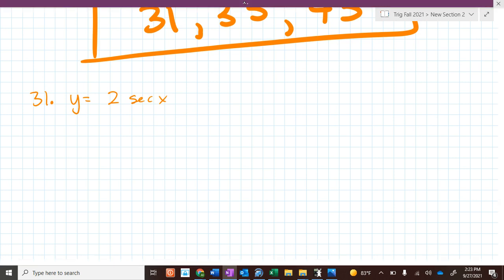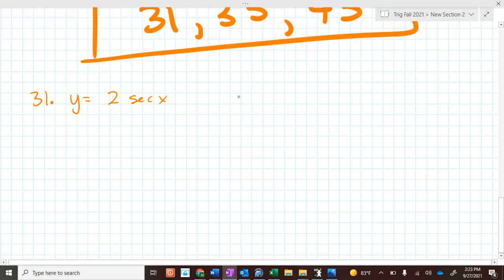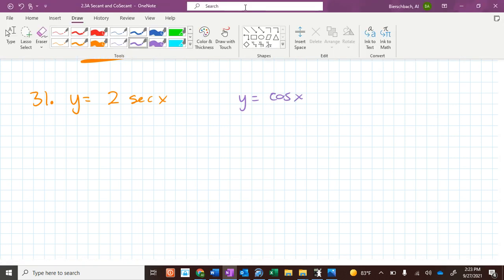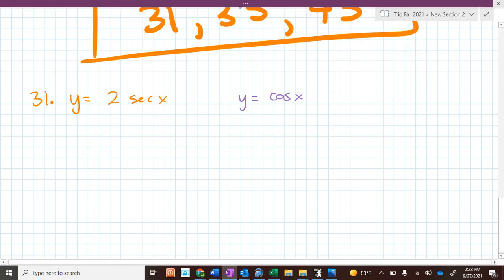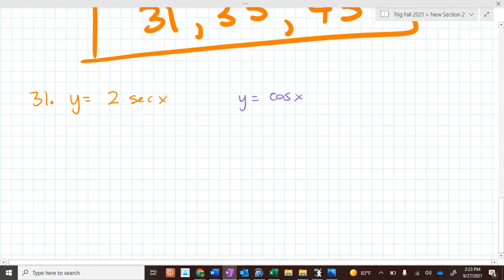So, what are we going to graph? Well, we're going to graph y equals cosine of x, and we're going to graph, in red, y equals 2 cosine of x.